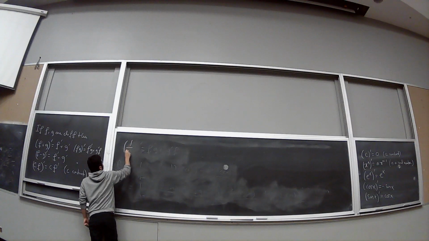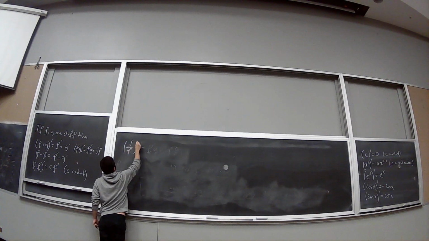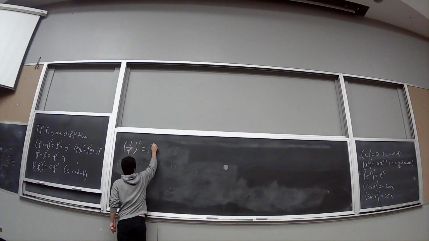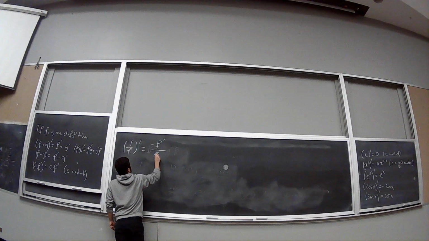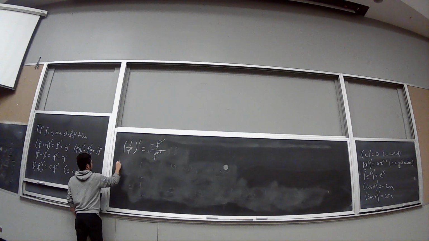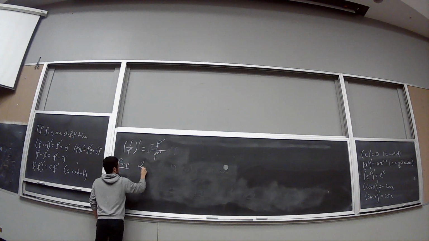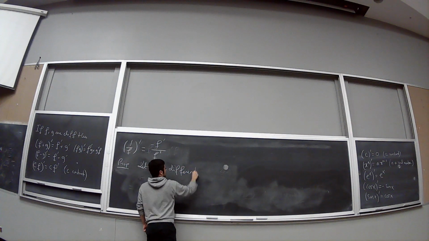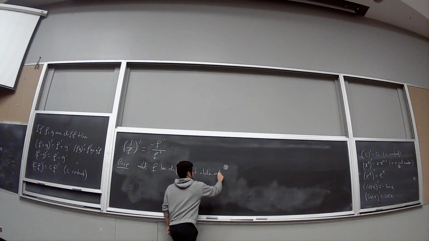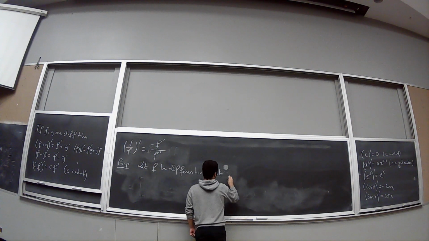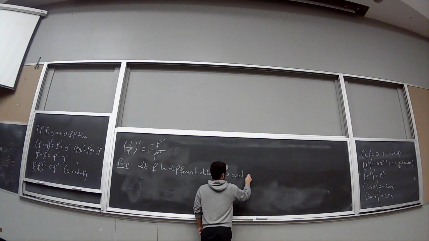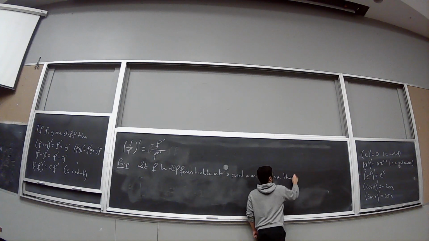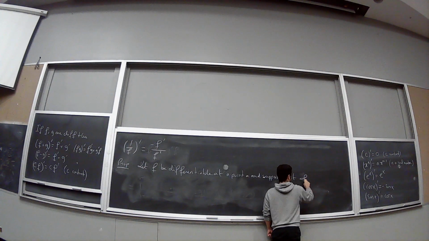Okay, now we'll look at the derivative of 1 over f. And we will show that this derivative is equal to minus f prime over f squared. So, proposition: let f be differentiable at, let's say, the point A, and suppose that f of A is non-zero.